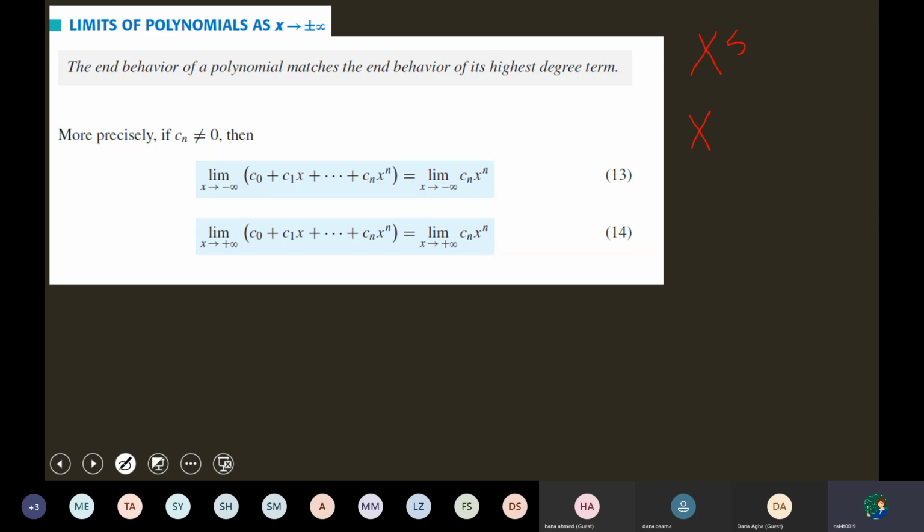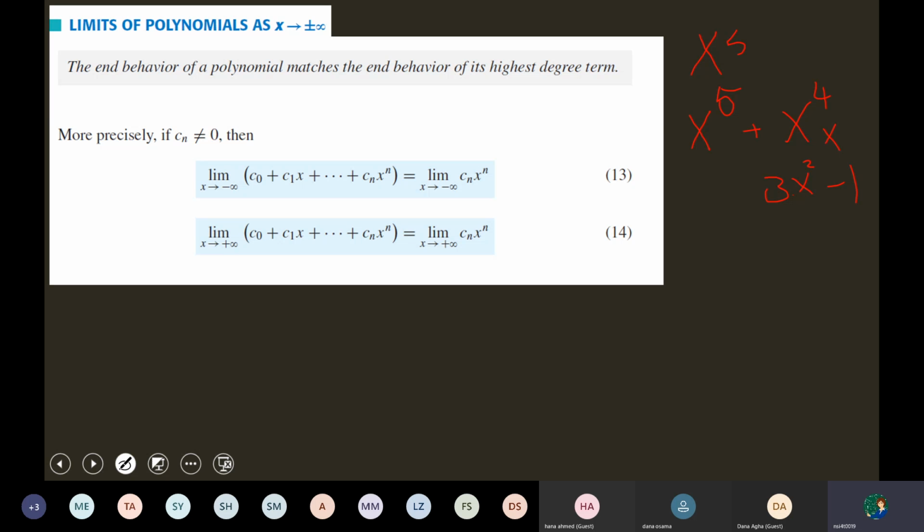Polynomials mean x raised to the power 5 plus x raised to the power 4 plus 3x squared minus 1, like this. Monomial means only one term. Binomial, like x squared minus 1, has two terms. But polynomial means more than two terms.